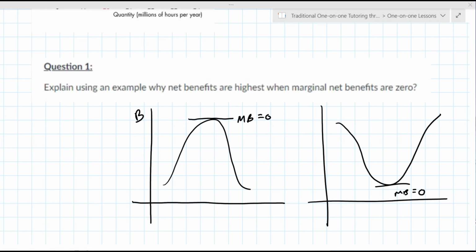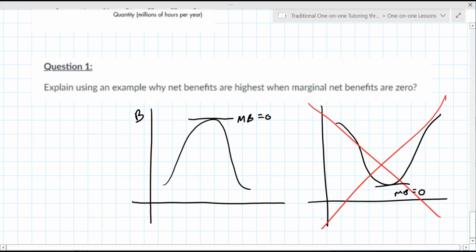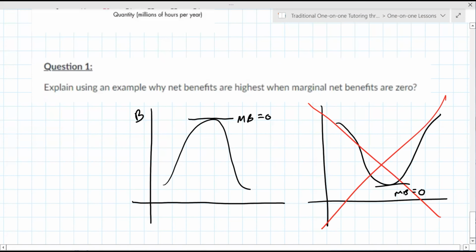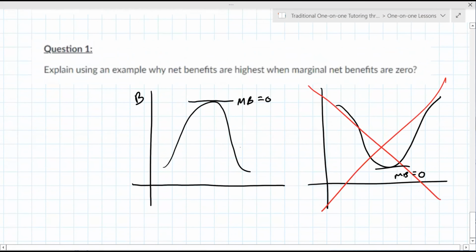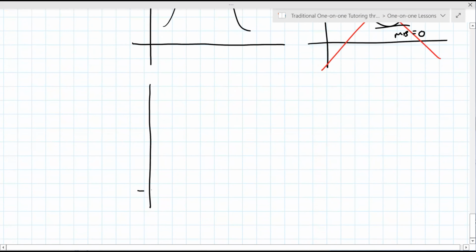Yeah, so the first curve is more representative of what you see in textbooks. So the idea is, let's say you're going on a vacation. So your benefit versus time. Day 1 of your vacation, you really enjoy that first day.